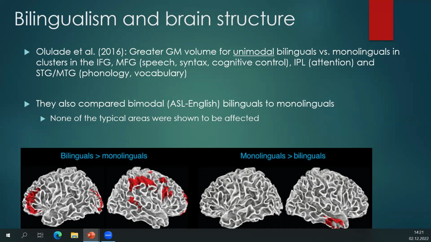So a wider network of regions, most of them already shown by the ACH to be important for bilingualism. The same study compared bimodal bilinguals with monolinguals, and they didn't find these effects. That's a different story. We can talk about it later.